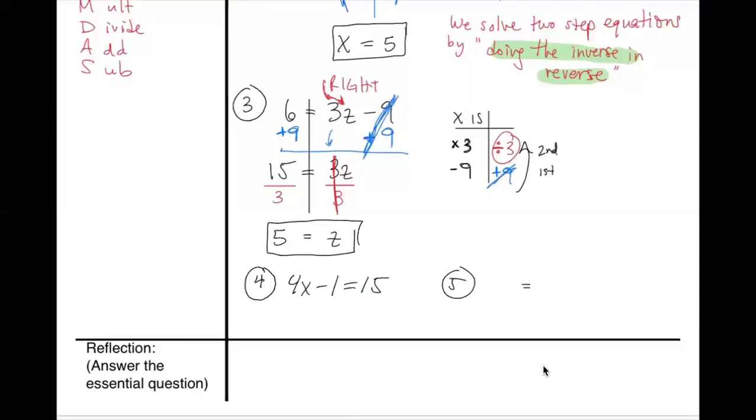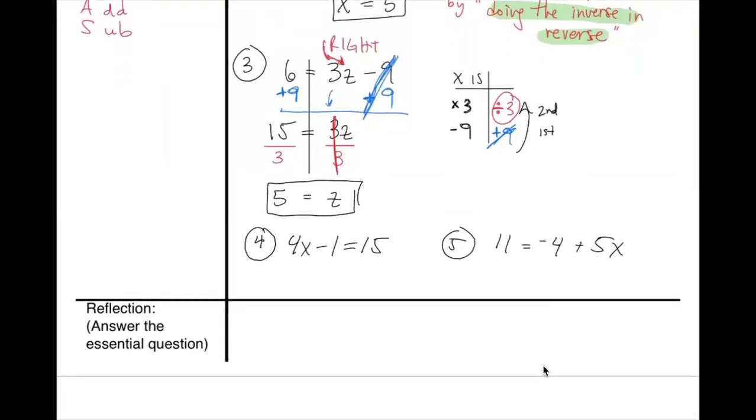And let's try one over here. 11 equals -4 plus 5x. Good, go ahead and try these two. Try your X is method. And then we will go over them afterwards.